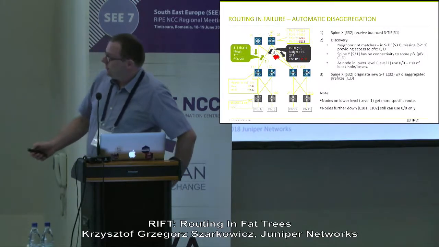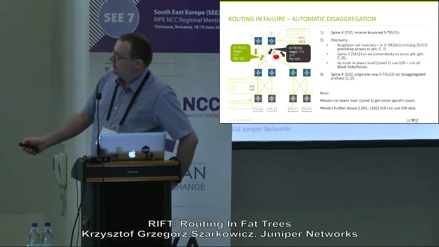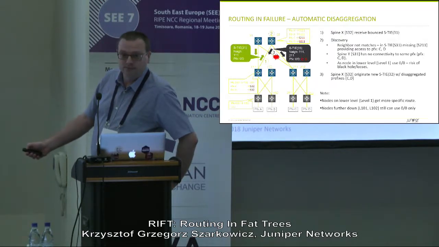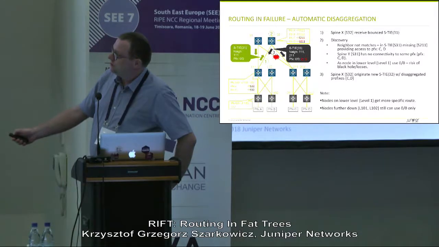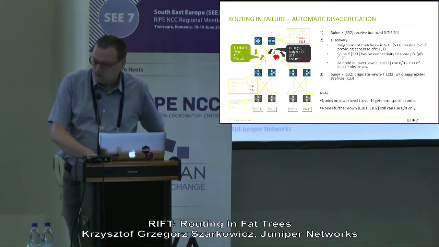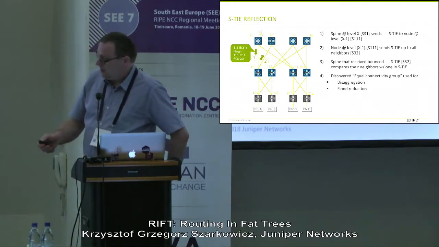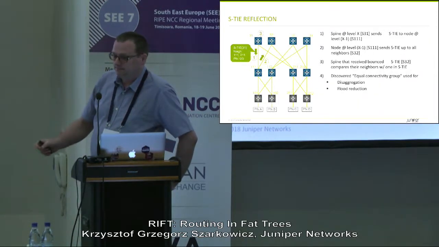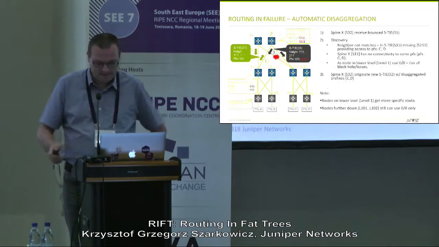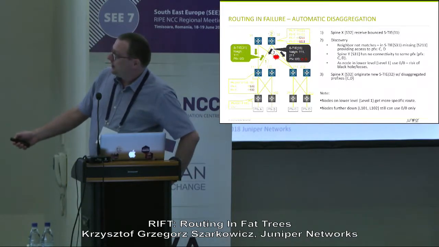Now we have some network failure here, so this link is no longer available. What does it change? Well, in the advertisement from 31, I see now only one neighbor, 111. Before, in the previous slide, it was two neighbors, 111 and 211.